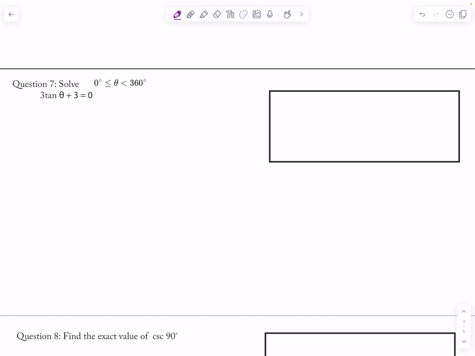Okay, and then this looks odd. The theta looks funny. So 3 tangent of theta is equal to negative 3. So tangent of theta is equal to negative 1. That comes from my 45, 45, 90 triangle, 1, 1, root 2. So tangent is negative in quadrants 2 and 4.